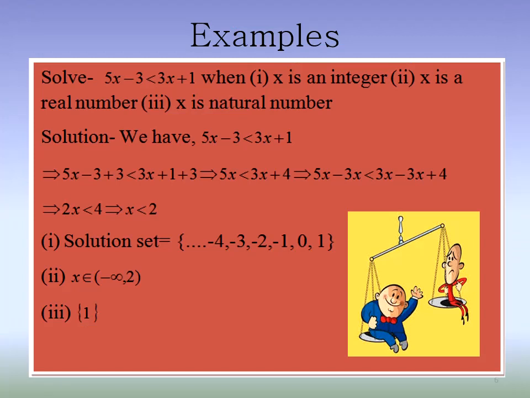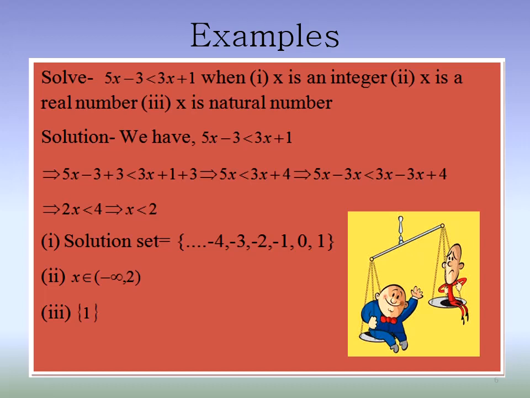Now let us start solving a basic problem. 5x minus 3 is less than 3x plus 1. Solve for the value of x when x is an integer, when x is a real number, and when x is a natural number. So 5x minus 3 is less than 3x plus 1 is your given condition. Now if I want to eliminate minus 3 from the left side, then we need to add 3 on both sides.